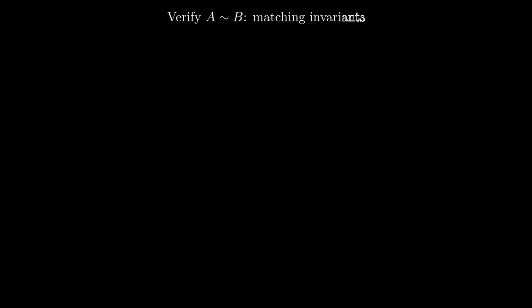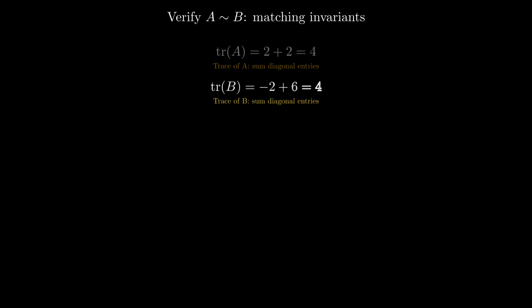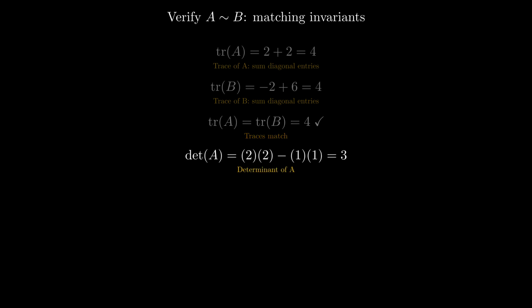Now let's verify the kinship between these matrices. The trace is the sum of the diagonal entries. For matrix A, the trace is 2 plus 2, which equals 4. For matrix B, the trace is negative 2 plus 6, which also equals 4. They match. Next, the determinants. For matrix A, 2 times 2 minus 1 times 1 equals 4 minus 1, which is 3.